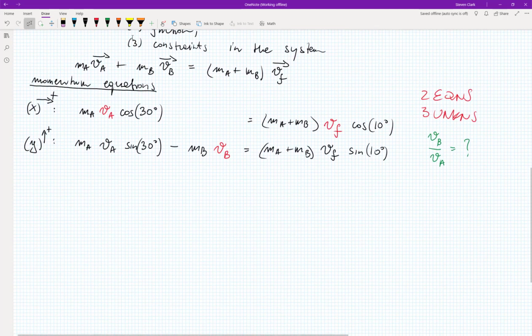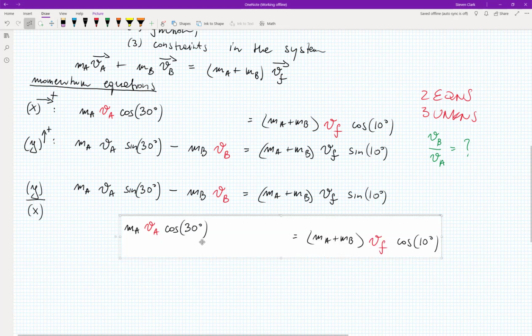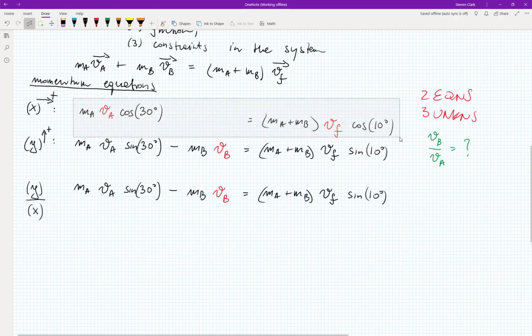I believe that I took equation y and I divided by equation x. So I just took this equation and I divided by this equation.